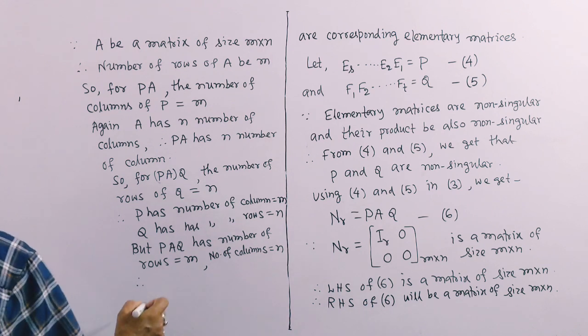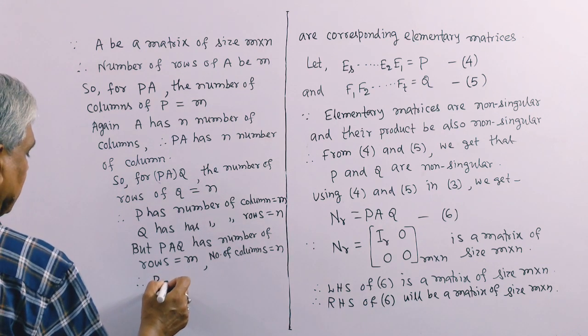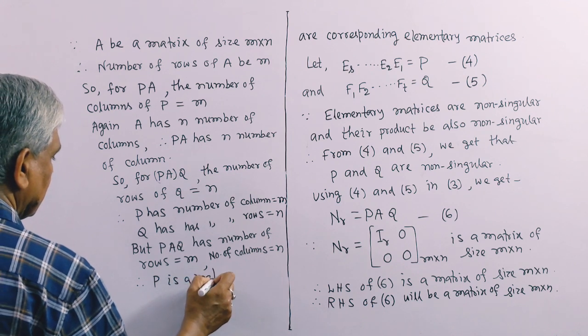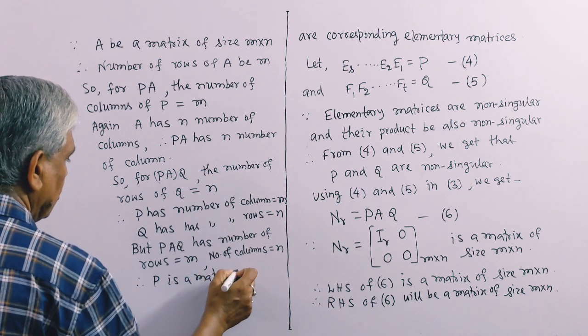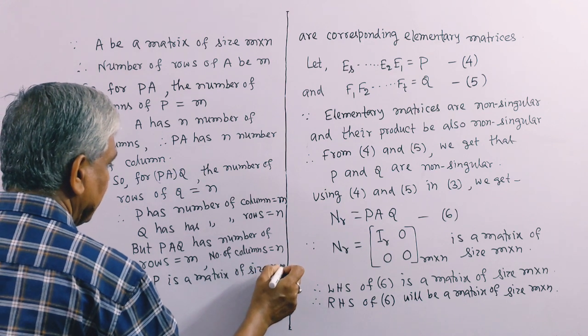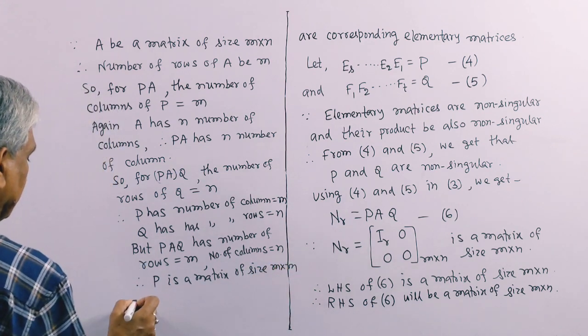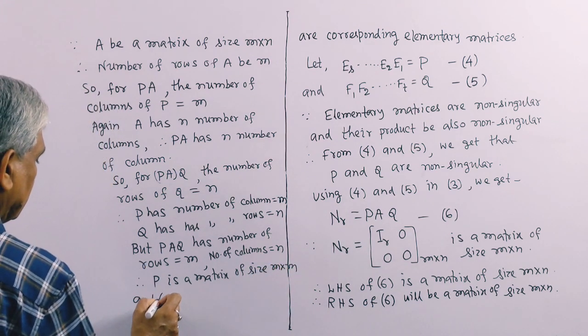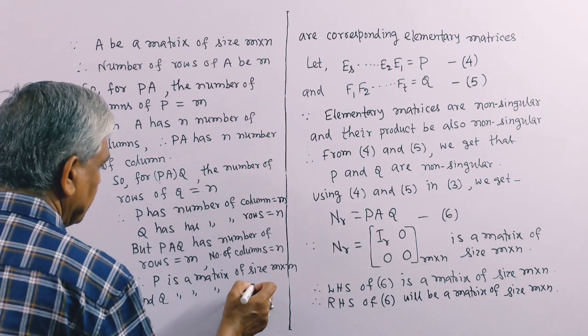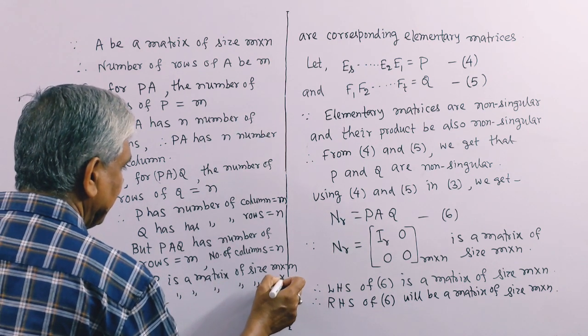Therefore, P is a matrix of size m by m, and Q is a matrix of size n by n.